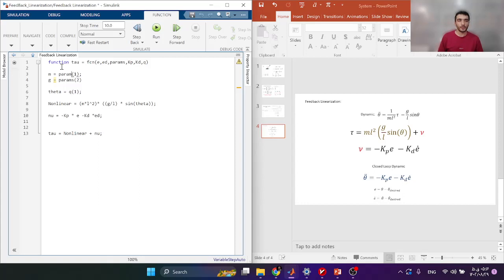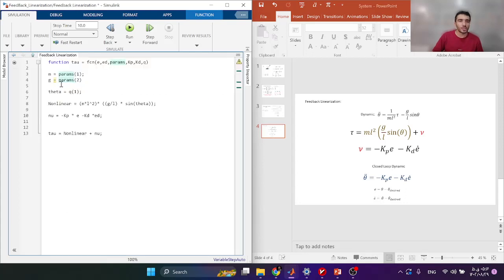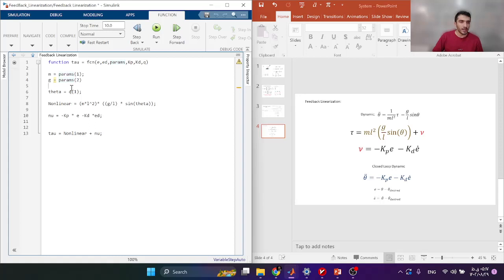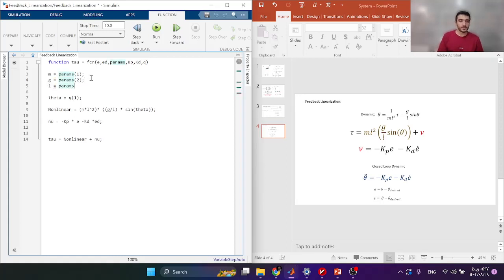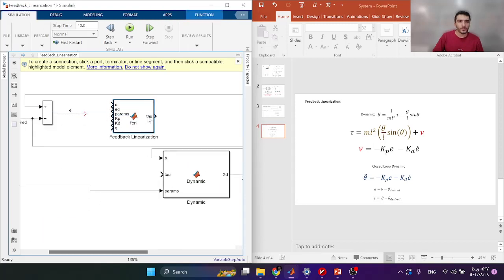Let me make sure that m is the first element, g is the second, and l is the third element. mgl, params 3, mgl. And now we have our controller here. If we do not have any syntax error, it will work.